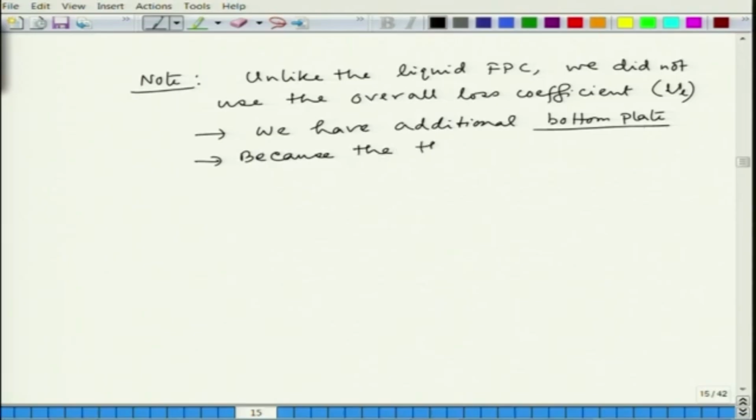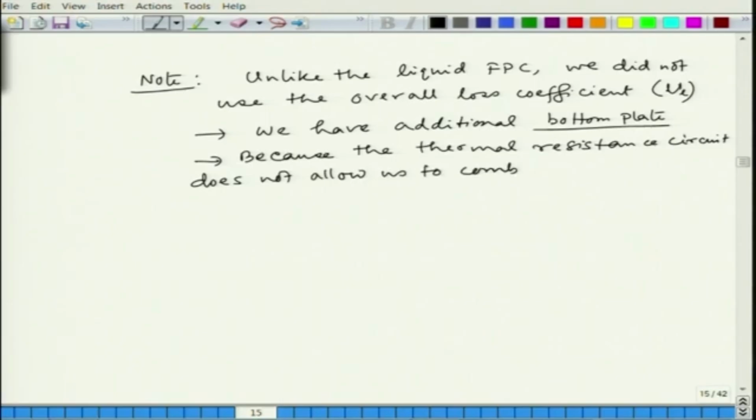Because the thermal resistance circuit does not allow us to combine UT and UB. Top and bottom loss coefficients cannot be combined.